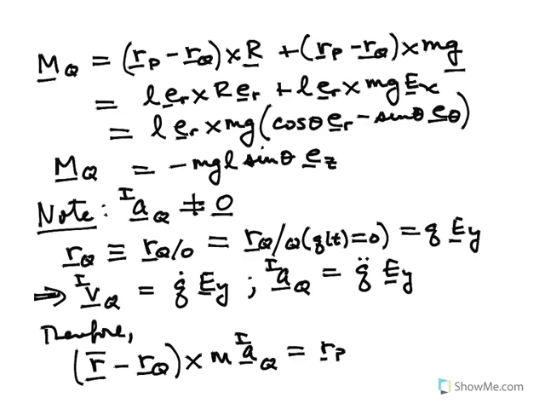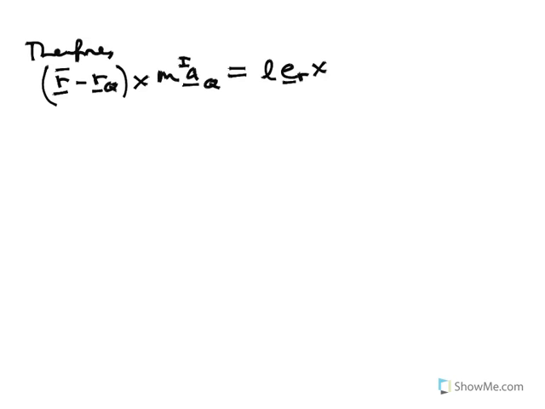This is equal to Rp, because that's the center of mass, there's only one particle in the system, minus Rq crossed with M times aQ in I. If we do this calculation, Rp minus Rq is L Er crossed with M times q double dot Ey, which is equal to M L q double dot Er crossed with Ey.